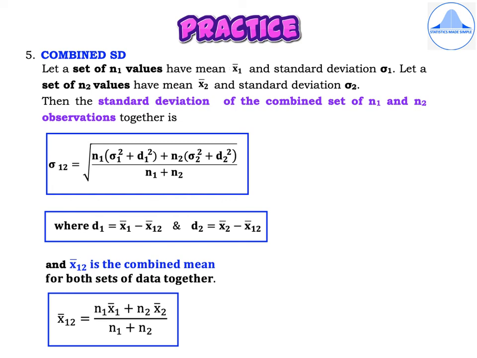And what is d1? It is x bar 1 minus x bar 1 2, and d2 is x bar 2 minus x bar 1 2. And x bar 1 2 we have already learned, it is the combined mean for both sets of data together. The formula for the combined mean is x bar 1 2 equal to n1 x bar 1 plus n2 x bar 2 divided by n1 plus n2.